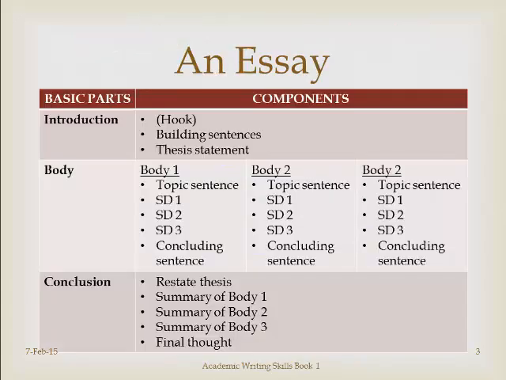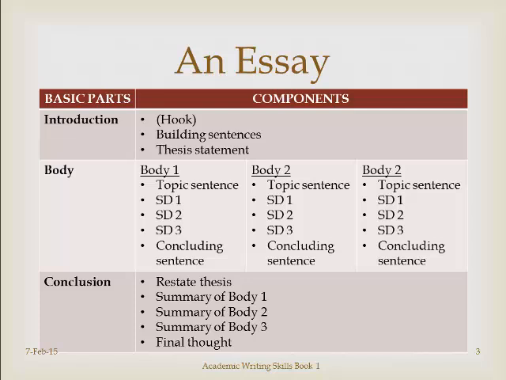Right, so here's just a real quick recap on what we have done so far about the general structure of an essay. You have the introduction, where it has building sentences and a thesis statement. And we have your three mini burgers, your body paragraphs made up of a topic sentence, the supporting details, and a concluding sentence. And finally, you have the conclusion paragraph where you restate the thesis or your opinion.